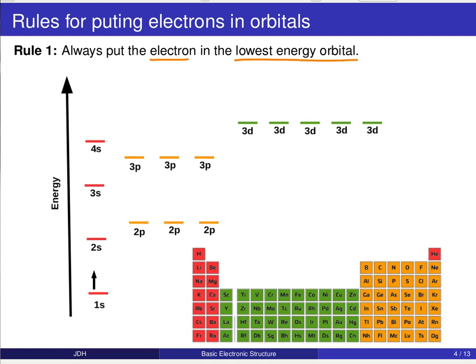Now notice a couple things about this energy diagram. First, I'm putting the proper ordering, which places the 4s orbital at a slightly lower energy than the 3d. And I'm using an energy arrangement that will work for all elements on the periodic table, with the exception of hydrogen.